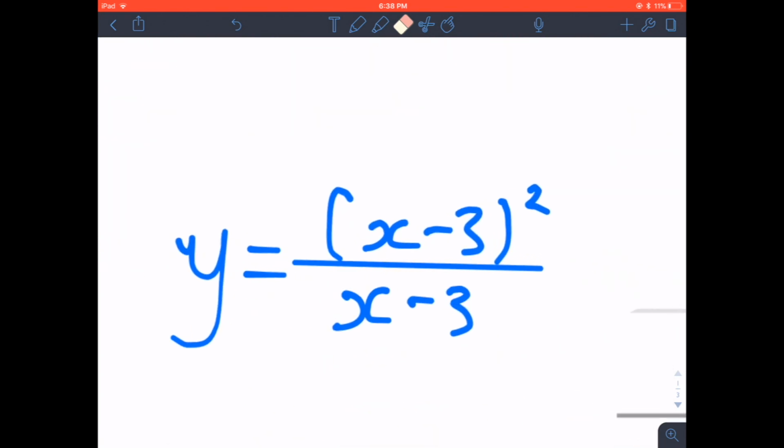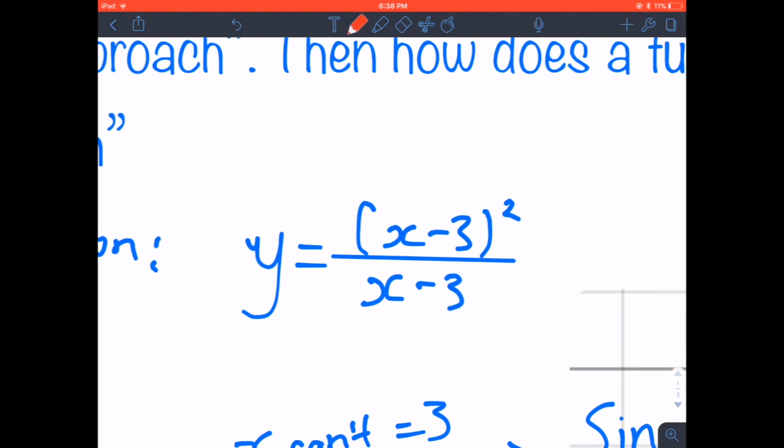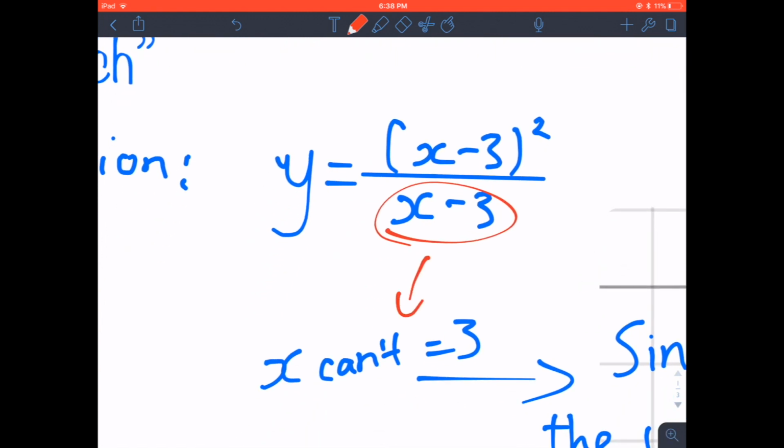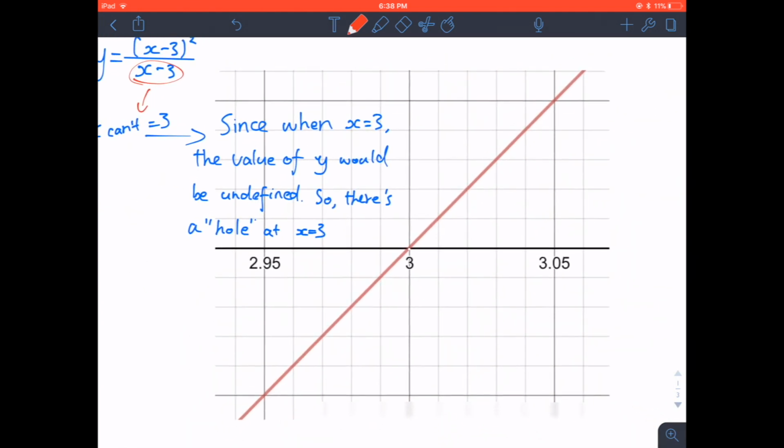So let's take a look at this function. We can easily see that its denominator, x minus 3, cannot be equal to 0. Therefore, x cannot equal 3, because at that point it's undefined for this function. So let's take a look at its graph.